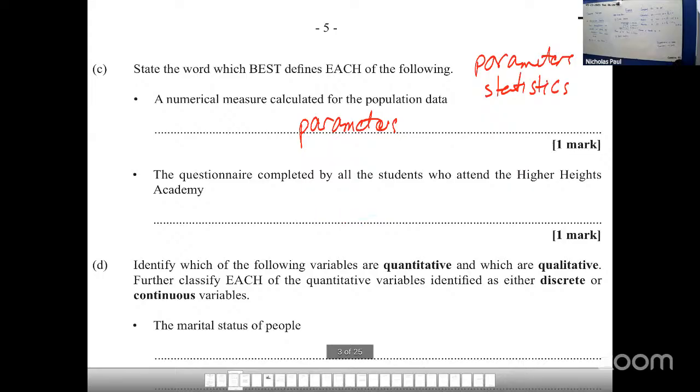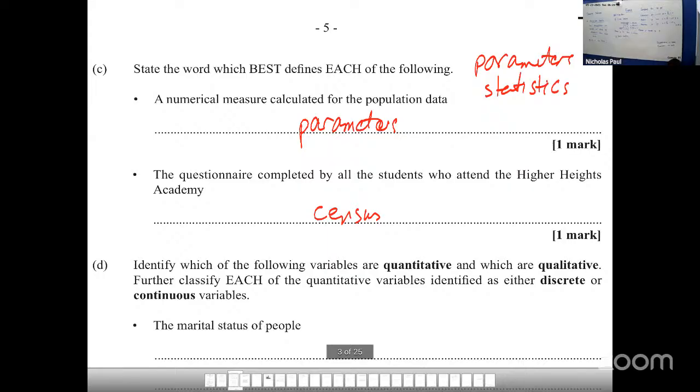Census. That's all the students who attended. Census is the all, right? So that's why it's not a sample survey, it's everybody.